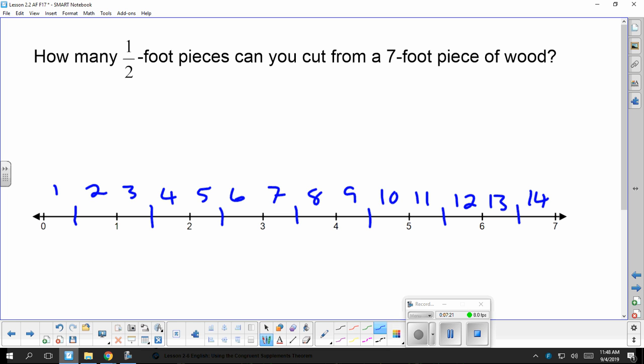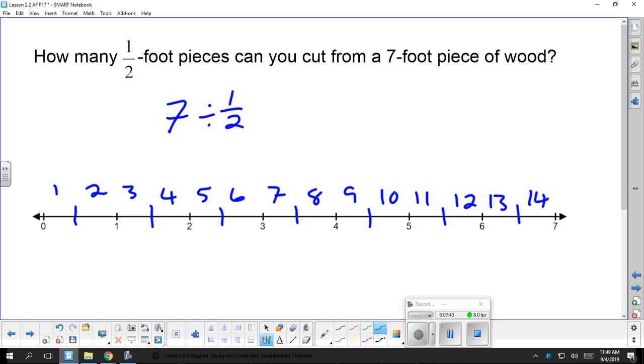$13, $14. So I took my 7-foot piece of wood, and I want to figure out how many pieces I can get, so I'm dividing it by half. So what we're looking at here is taking our 7-foot and dividing it by 1/2.